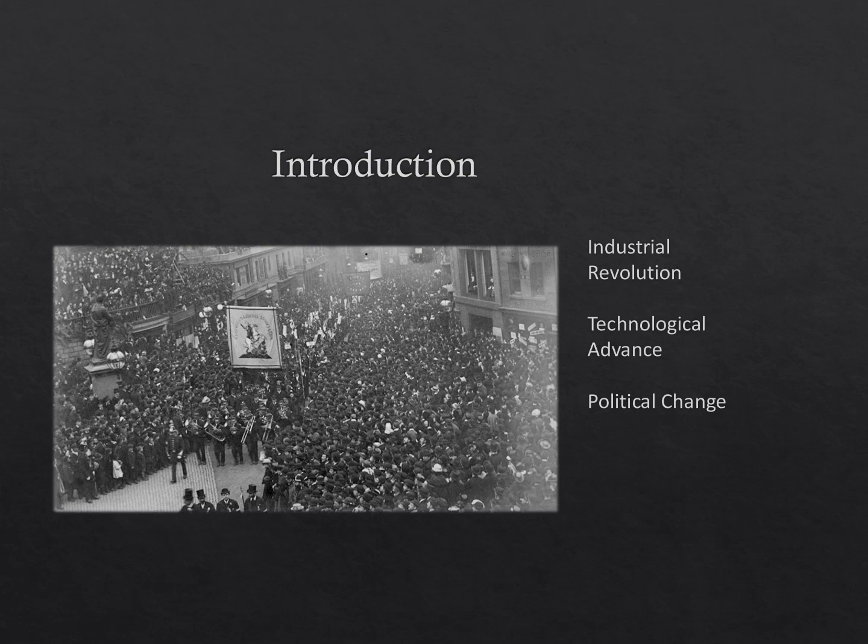We should mention, though, that the changes are not going to be uniform. Not all areas are going to be affected at the same rate. Political change is going to be very much contingent on the pace of industrialization in a particular area. So areas that industrialize more thoroughly are going to see more profound changes than places that don't industrialize as rapidly.